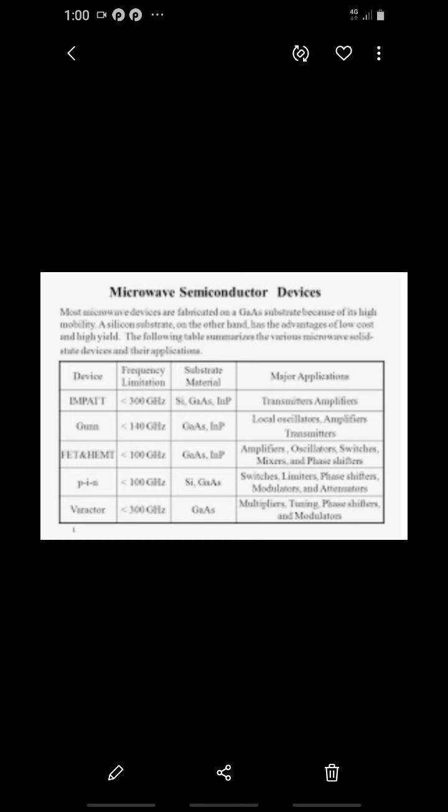So, the devices are bulky, cost is more, and they require high voltage sources. Hence, microwave semiconductors are used for low cost amplifications.